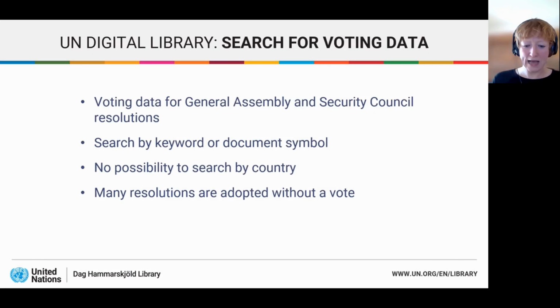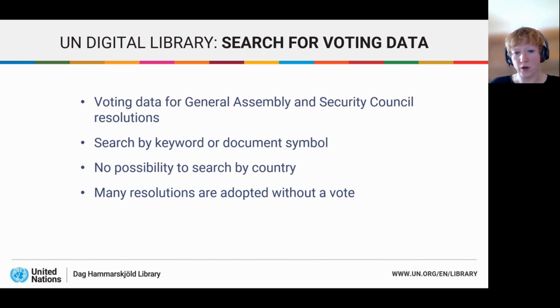So last but not least is voting data. So this is something we get asked for a lot, is how member states vote on certain draft resolutions. So the digital library contains a voting data collection.